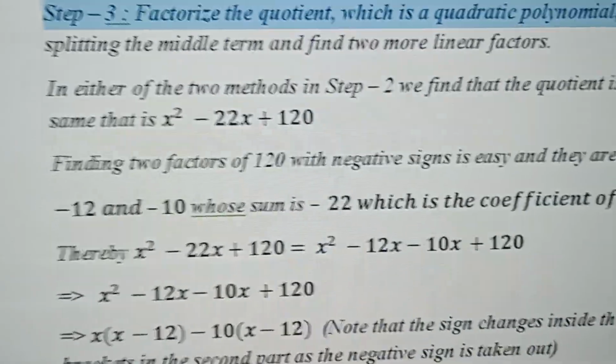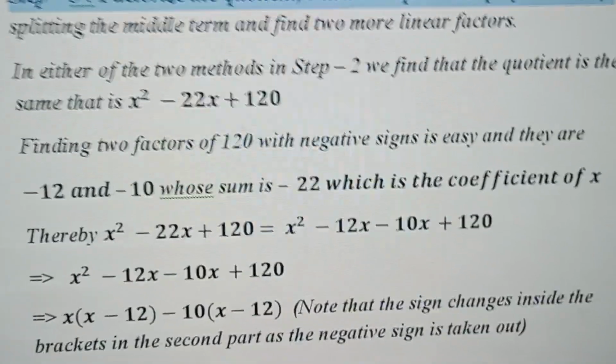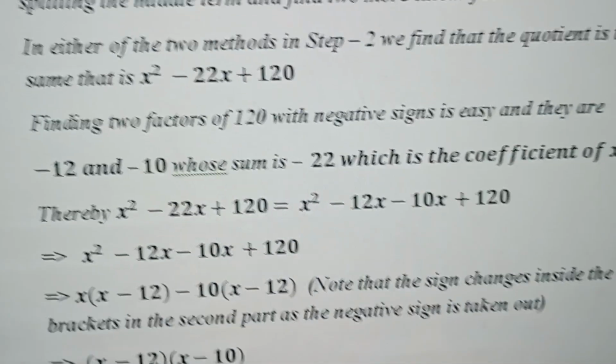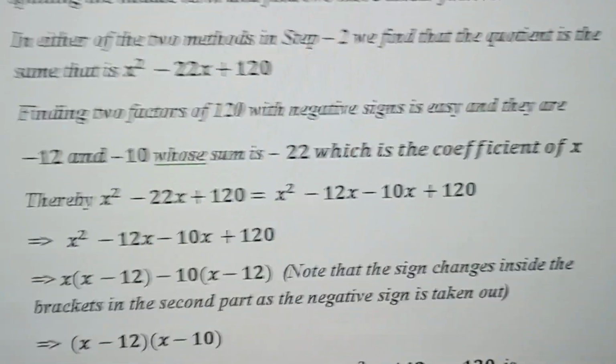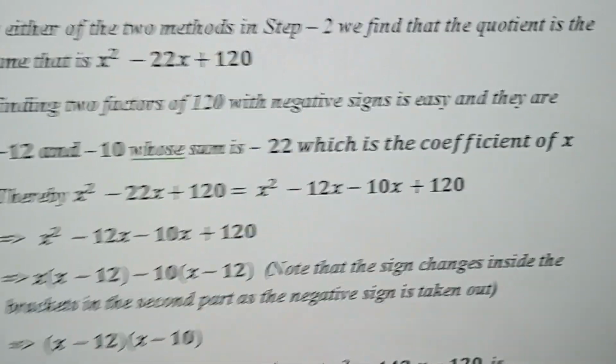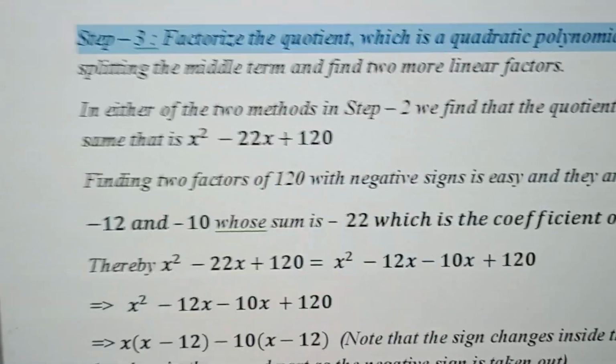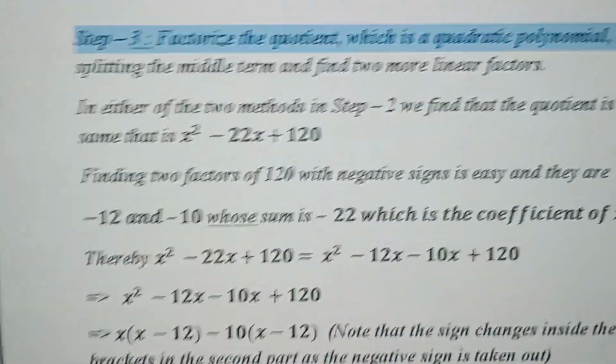Already we've got 1 linear factor. In either of the 2 methods, in step 2, we find the quotient is the same: x squared minus 22x plus 120.